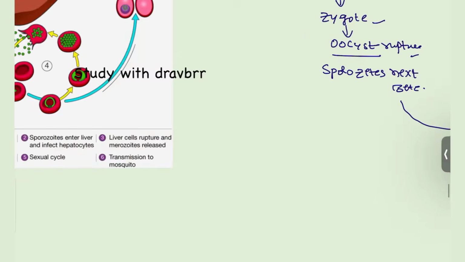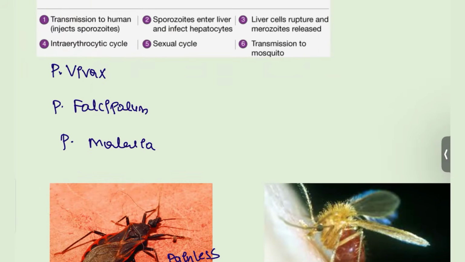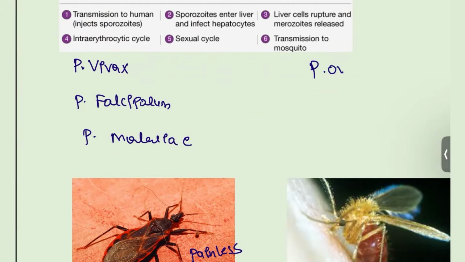Next, Plasmodium species: we have Plasmodium vivax, Plasmodium falciparum, Plasmodium malariae, and also Plasmodium ovale. The most common is Plasmodium falciparum. How will this affect? Plasmodium falciparum is going to involve all types of RBC.